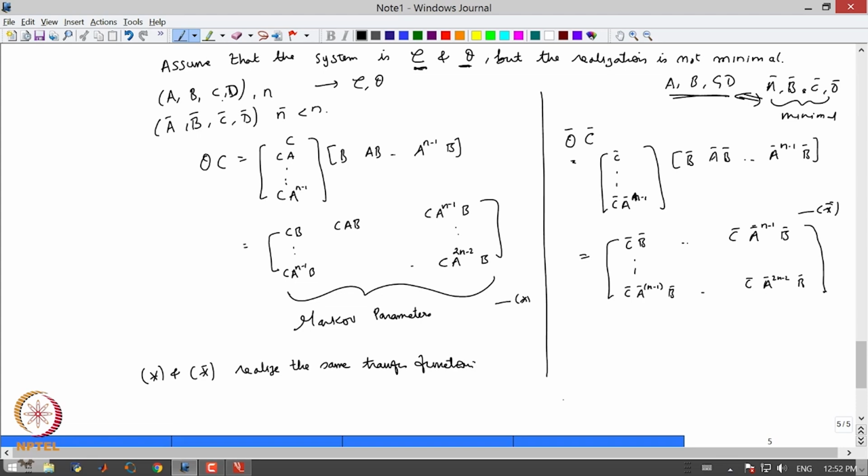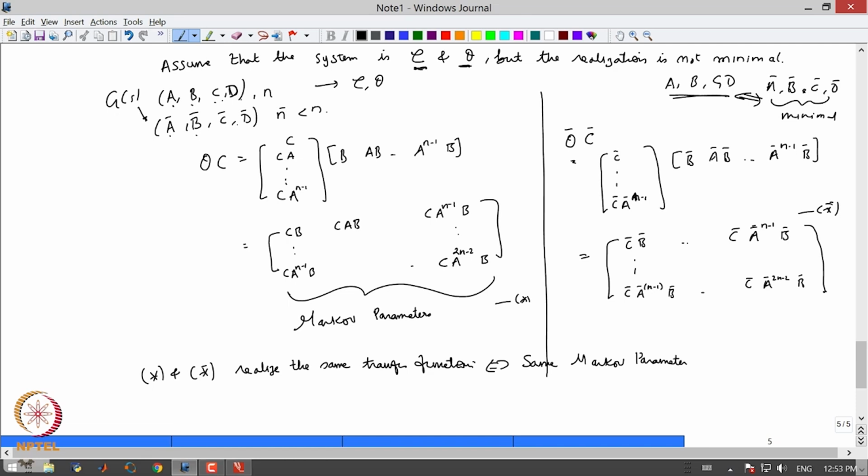Now, if they realize the same transfer functions, they must have the same Markov parameters. So I assume that there is a realization A, B, C, D of one transfer function G(s), and the same transfer function also has some other realization A bar, B bar, C bar and D bar.